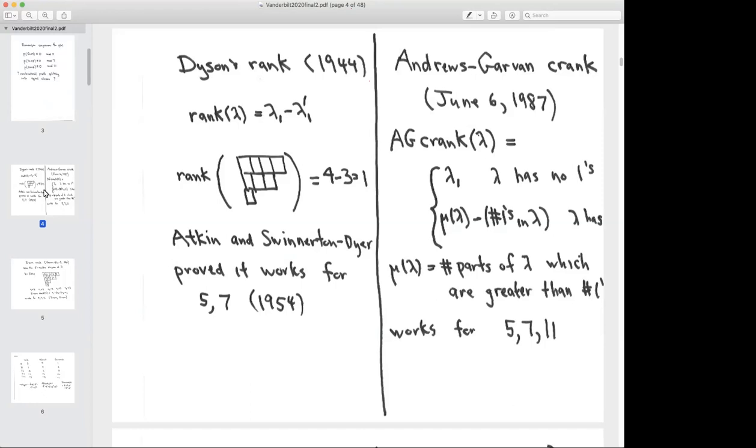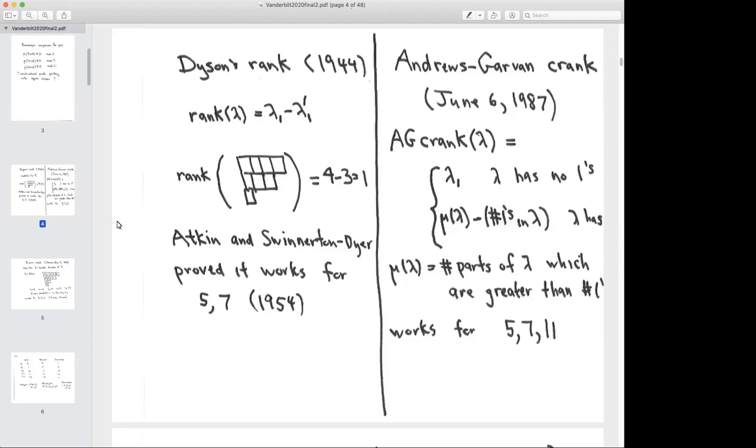So he conjectured that the rank modulo 5 would split up the partitions into 5 equal classes. And it would also work for modulo 7. If you take the rank modulo 7, it would split into 7 equal classes.